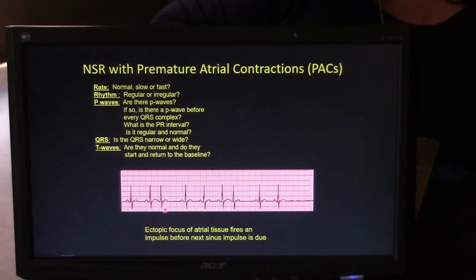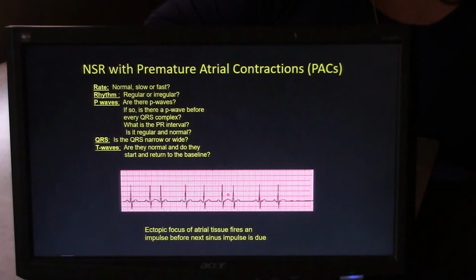With a premature atrial complex, PAC, the beat is initiated early, the QRS complex is narrow, and there is usually, not always, but usually a compensatory pause, which you will see here, a bit of a pause before the next beat. And the same is here: normal, normal, normal, early, there's something buried within, that is an atrial wave. And this would be a definition of normal sinus rhythm with premature atrial contractions.